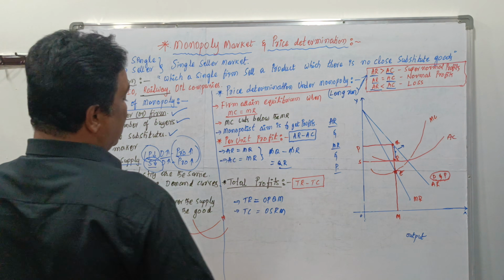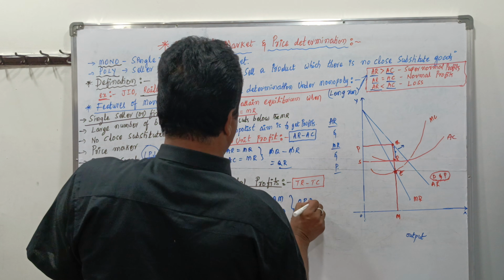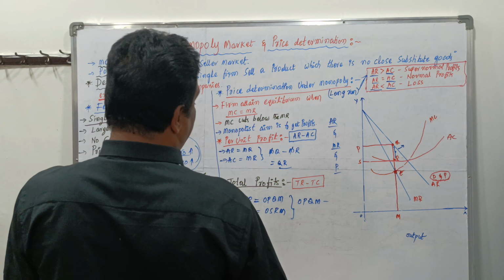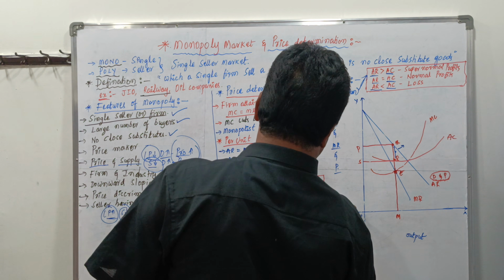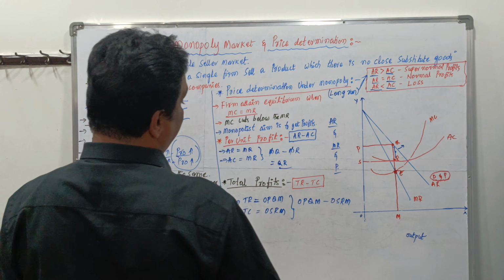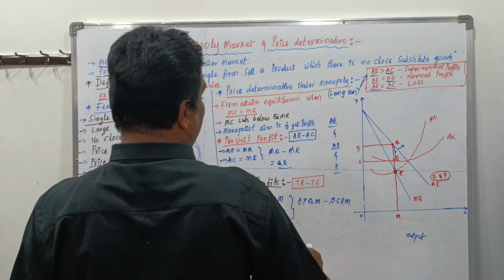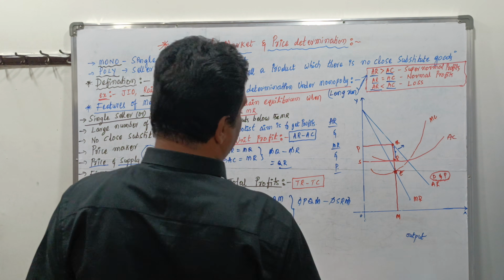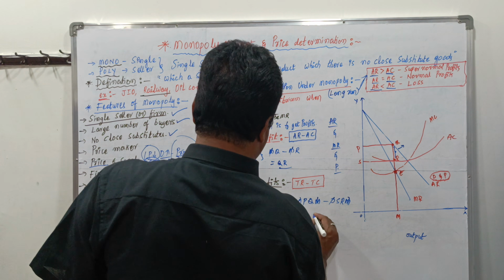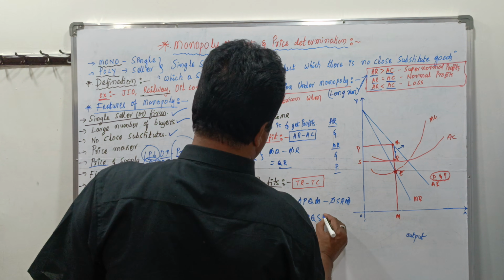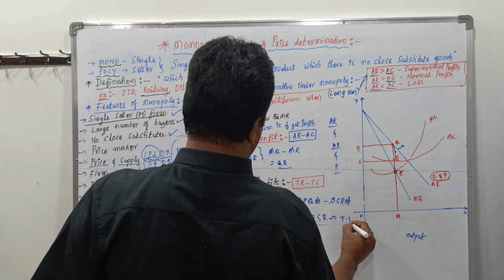If you subtract, OPQM minus OSRM, listen here, this O cancels and this M cancels. What is remaining here? P, Q, R, S. This is called the total profit.